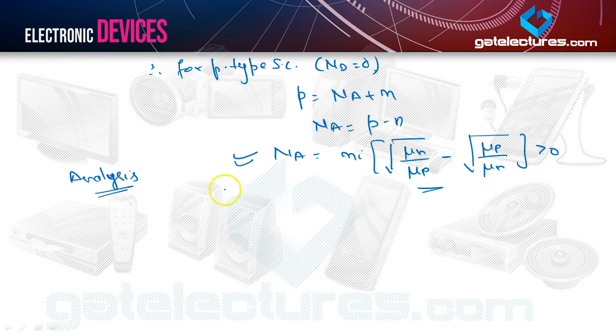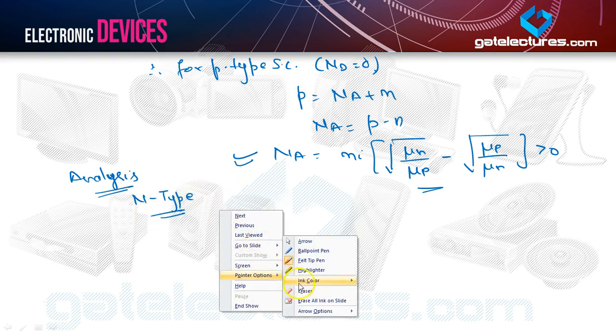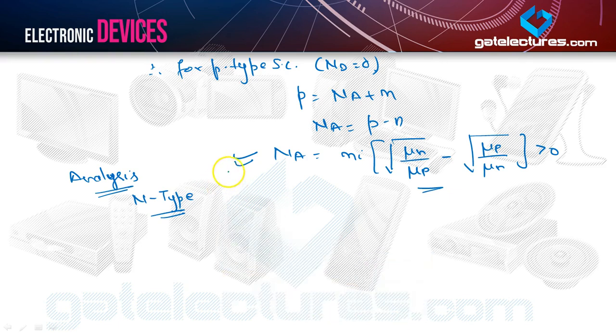Okay, so for n-type semiconductor, it is important to note down that minimum conductivity occurs at T equal to 400 Kelvin.